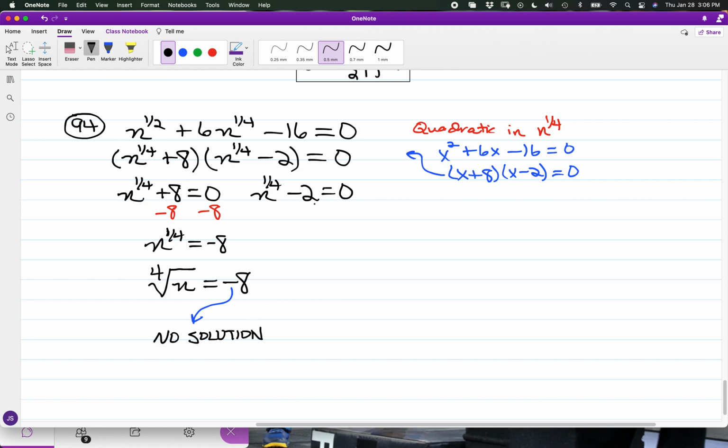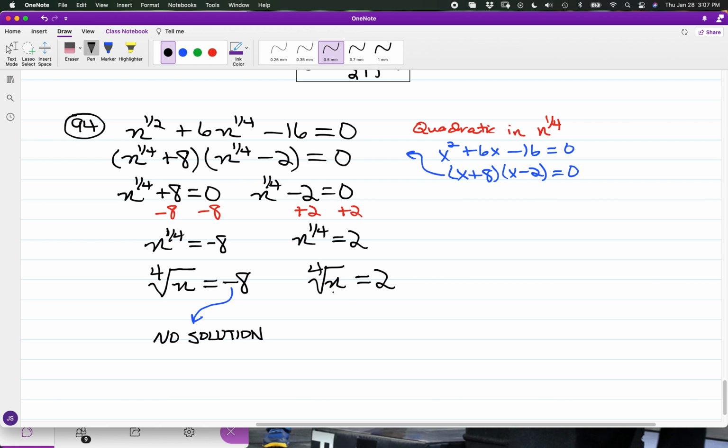Now for n to the 1/4 minus 2 is equal to 0. If I isolate the variable expression, upon adding 2 to both sides, I have n to the 1/4 is equal to 2. And here I have the 4th root of n is equal to 2.